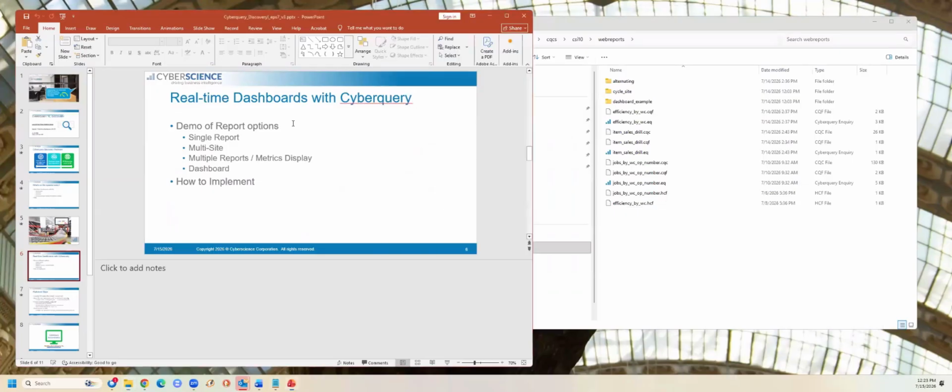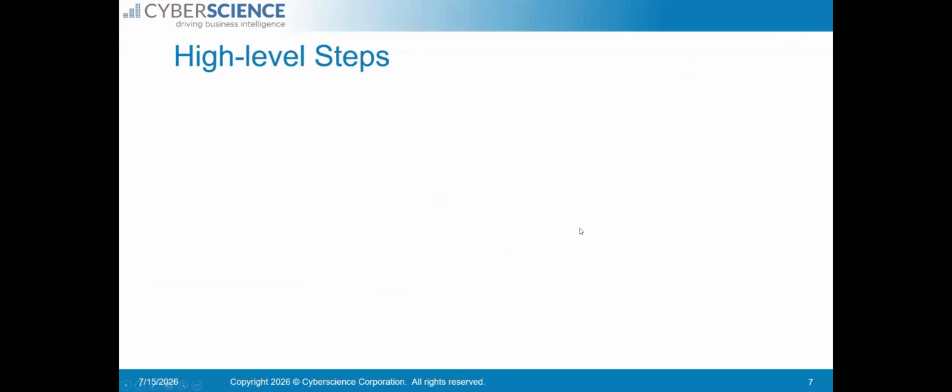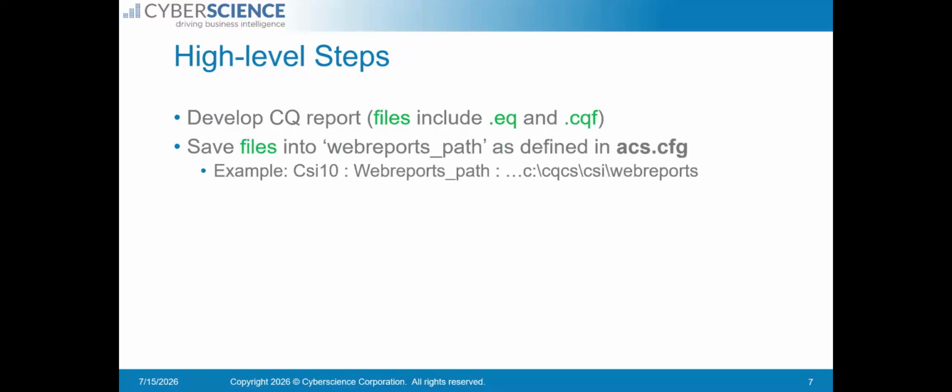All right, so coming back to here, again, the high-level overview of the steps. You develop the report, the EQ and the CQF to present the metrics you want. You save those into the web reports folder.